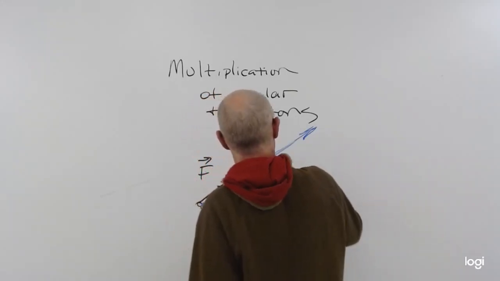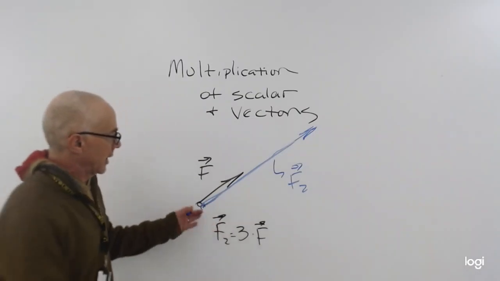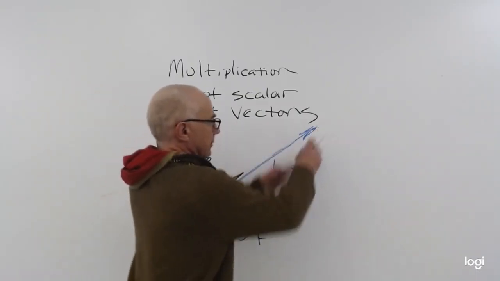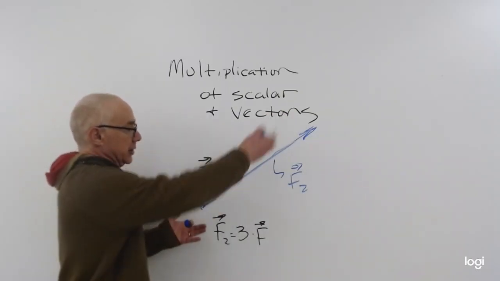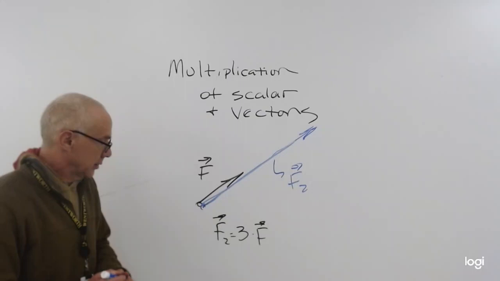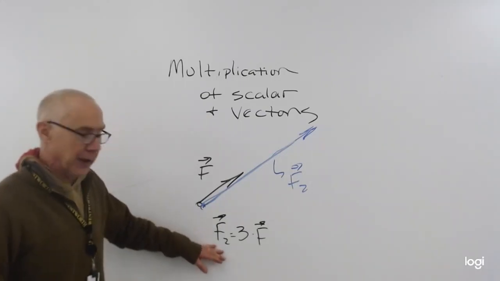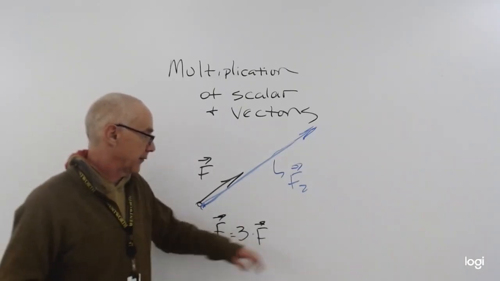Okay, so this is my F. Here's my F2 vector. It's 3 times the length, more or less. I haven't drawn it exactly right, but the direction is unchanged, and the magnitude of my new F2 vector is going to be 3 times the magnitude of my F vector.